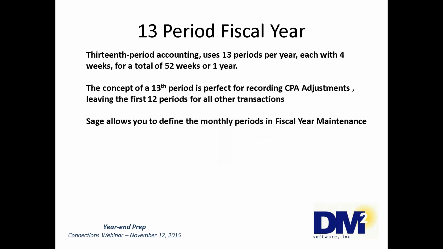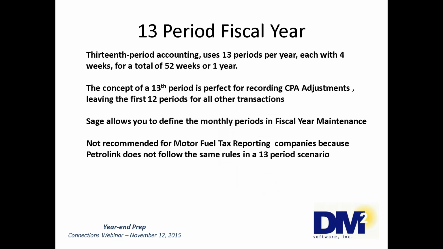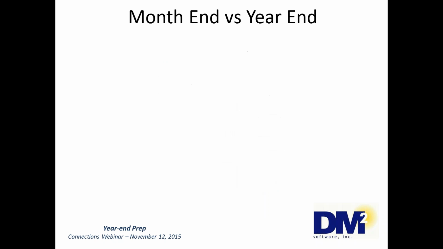One caveat about this, so it's exciting and it sounds great, but it's not recommended for motor fuel tax reporting. So if you're doing motor fuel tax reporting, keep in mind that Petrolink does not follow the same rules in a 13 period scenario. So just keep that in mind.